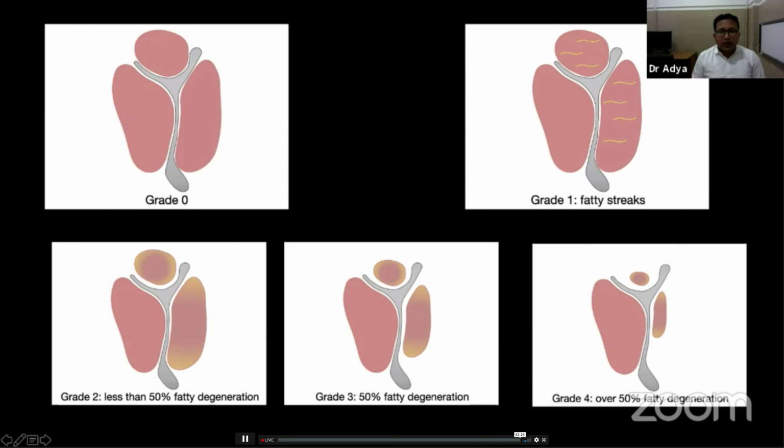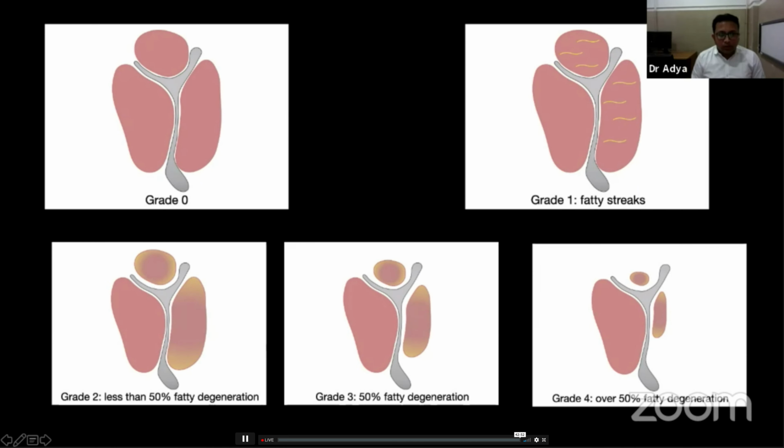So it is classically divided into 5 grades. Grade 0 is normal. Grade 1 is appearance of fatty streaks. Grade 2 is less than 50% of the muscle replaced by fat. Grade 3 is 50% of the muscle replaced by fat, and grade 4 is more than 50% showing fatty degeneration.